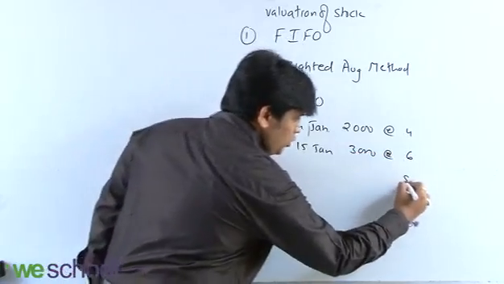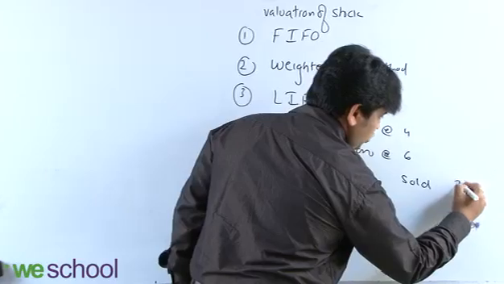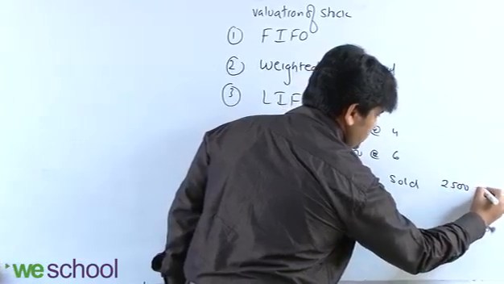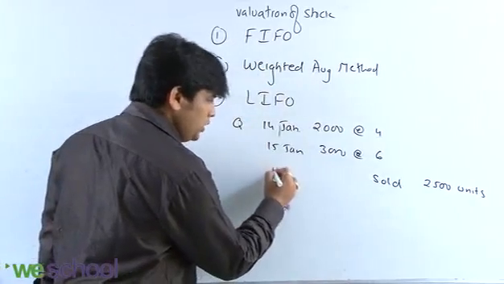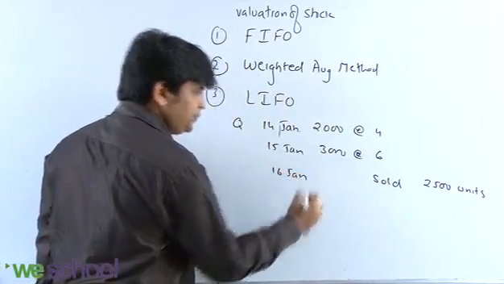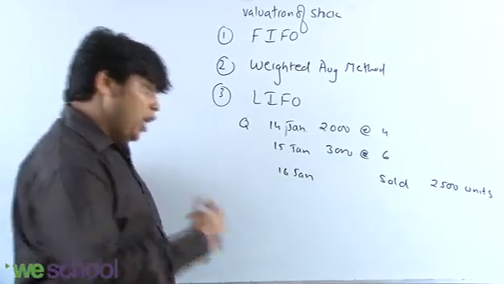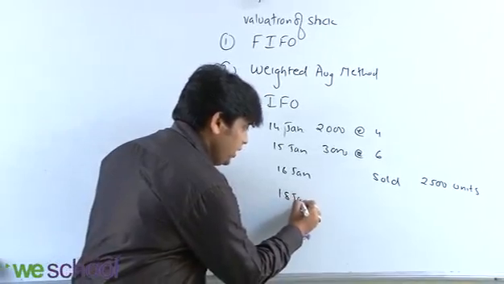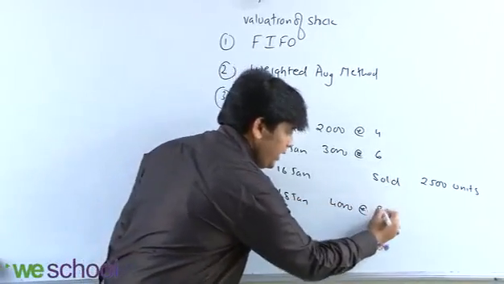Then in between you sold 2,500 units on 16th of Jan. Now, on 18th of Jan, again you purchase 4,000 units at the rate of 8.